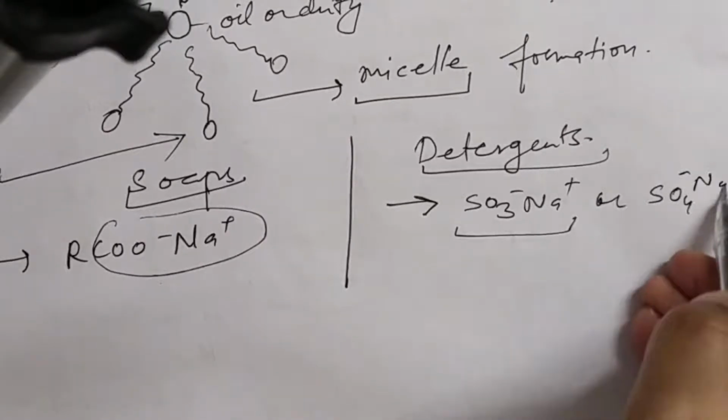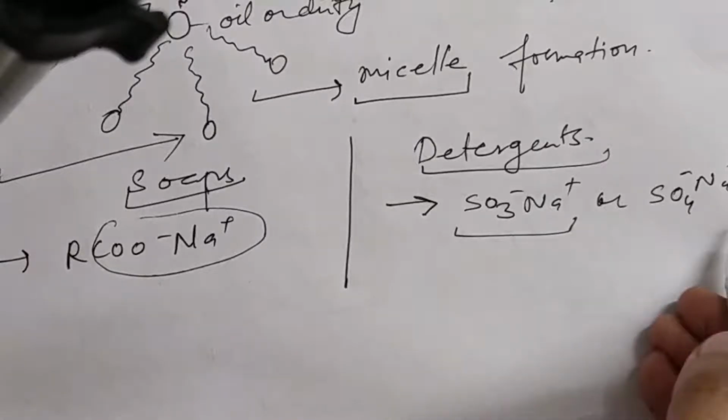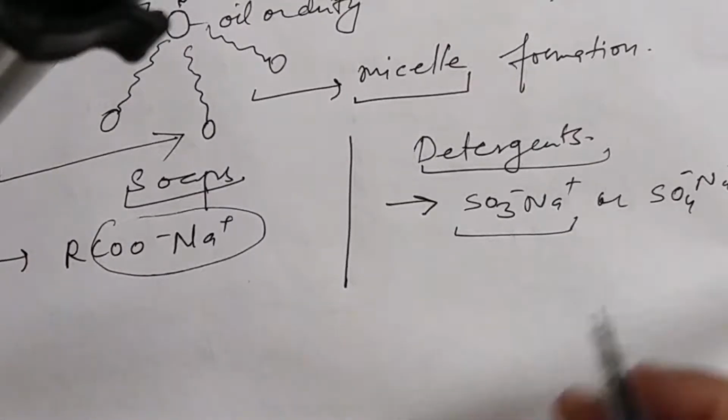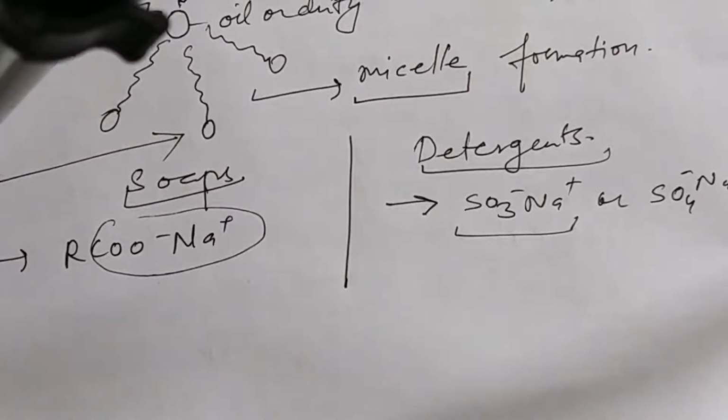These are sulfonates, these are sulfates. So detergents are sodium salts of long chain sulfonic acids or sulfates, and these are also called detergents or synthetic detergents.